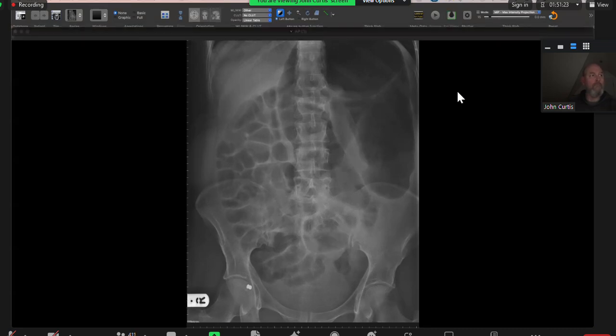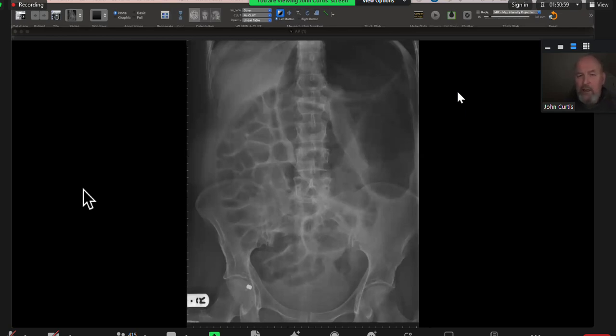The base of this hollow viscus seems to be in the left lower abdominal quadrant, and it is devoid of haustral markings. So considering my findings, this is likely a case of sigmoid volvulus. I'd communicate these findings to a referring physician and advise urgent surgical review.